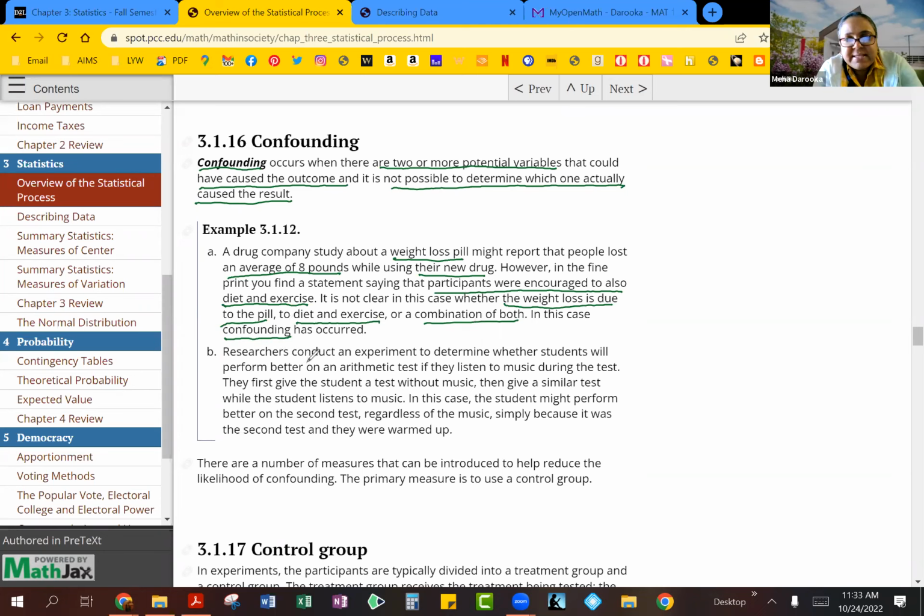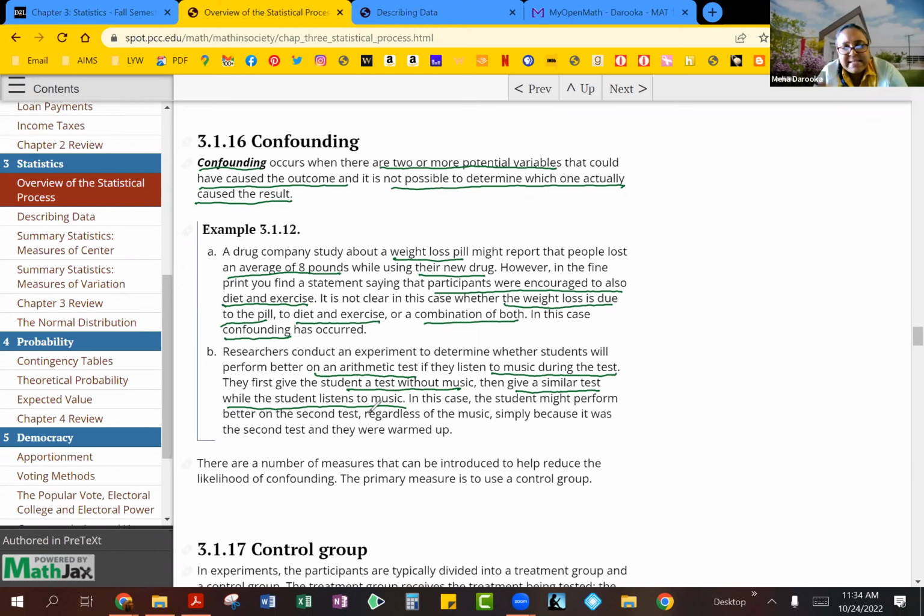Another example here, guys: researchers conduct an experiment to determine whether students will perform better on an arithmetic test if they listen to music during the test. So they first give the students a test without music, then they give a similar test while the students listen to music. So one without the music and one with music.